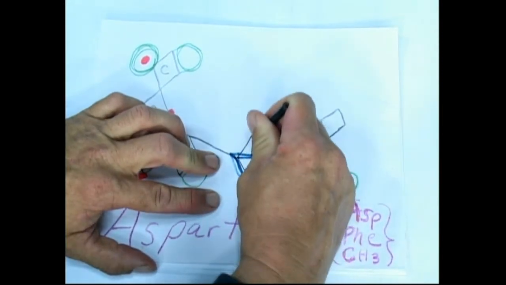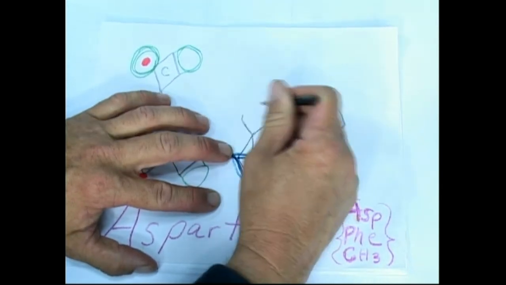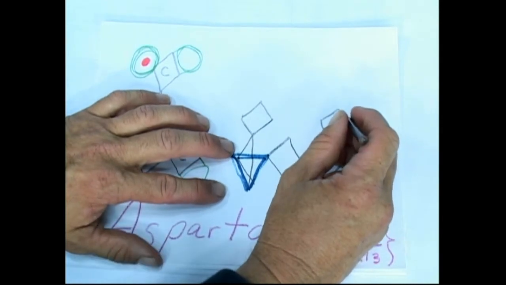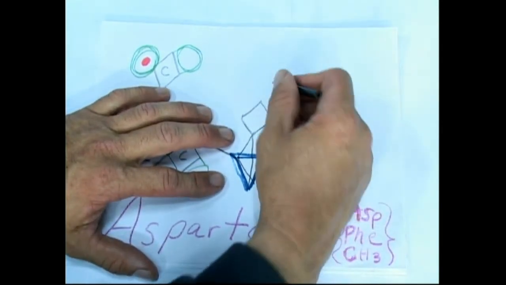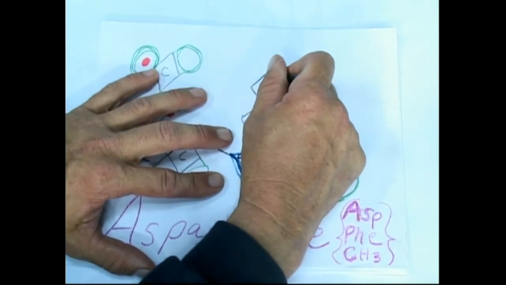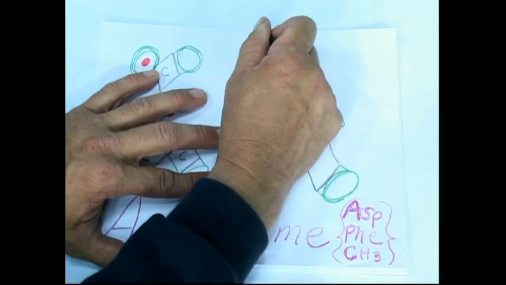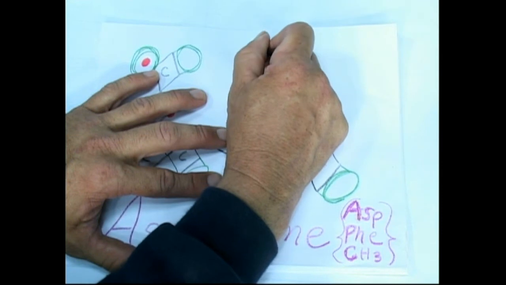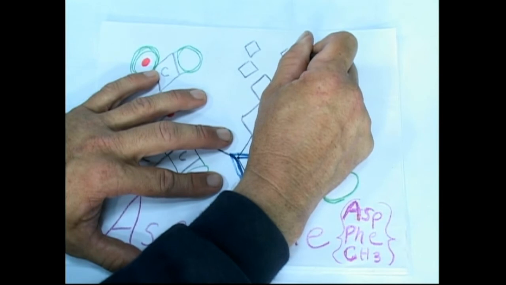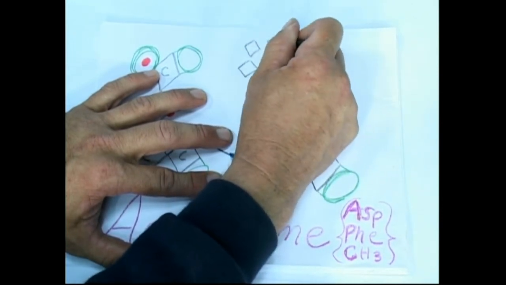All right, so get this up here. Diamond. And then just a benzene ring. So what do we got? One diamond, two diamonds, three diamonds, four diamonds, five diamonds, six diamonds.